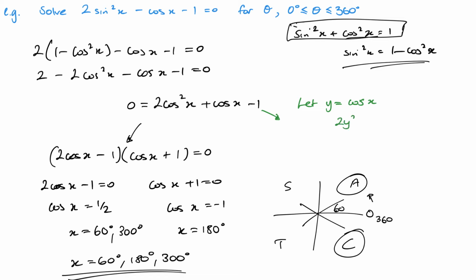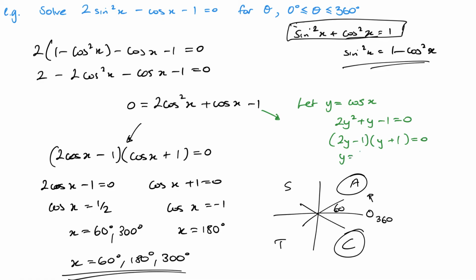So this gives me 2y squared plus y minus 1 equals 0. People prefer to use this substitution sometimes because they are more used to solving this style of question. So exactly the same process, and it's going to be exactly the same answer.